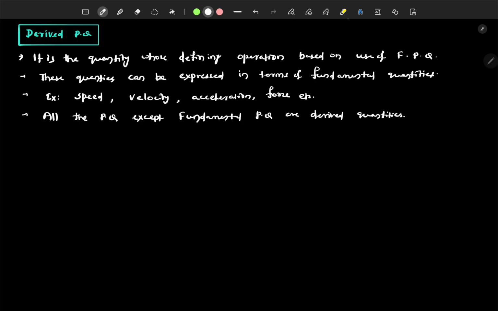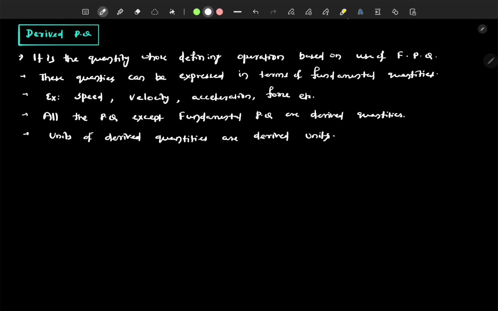Also remember, the units of derived quantities are known as derived units. Next, let's discuss system of units.